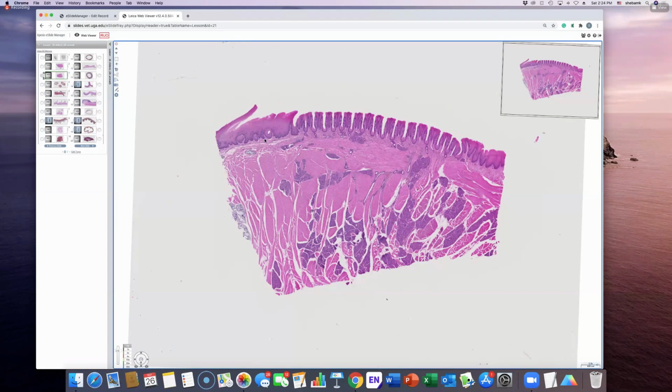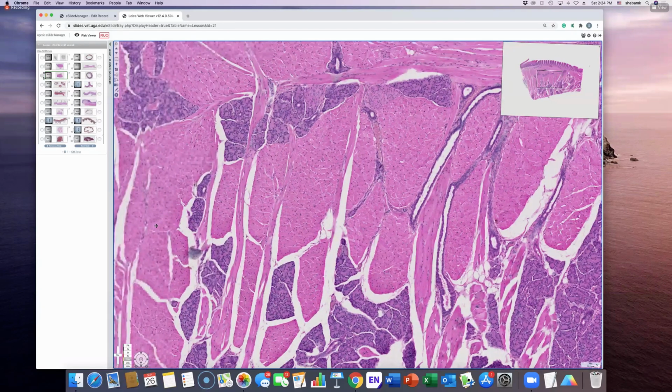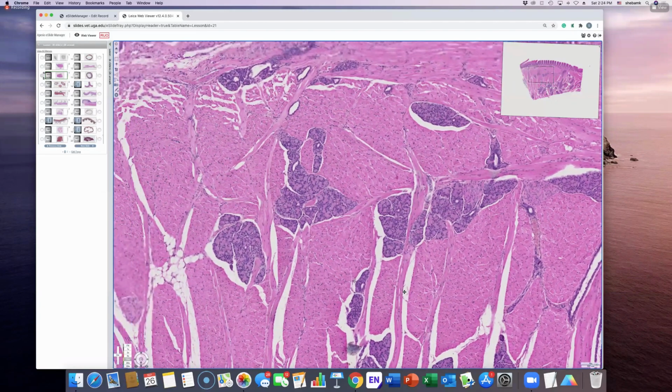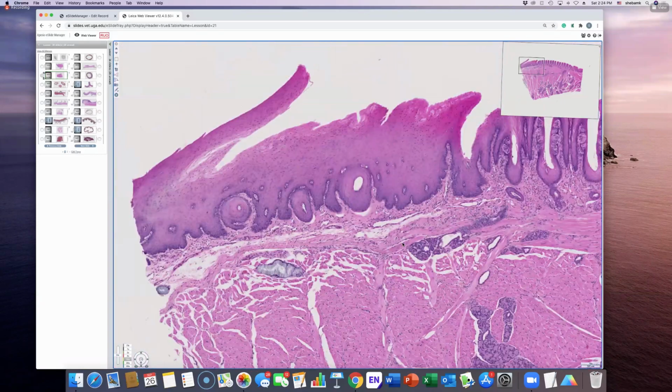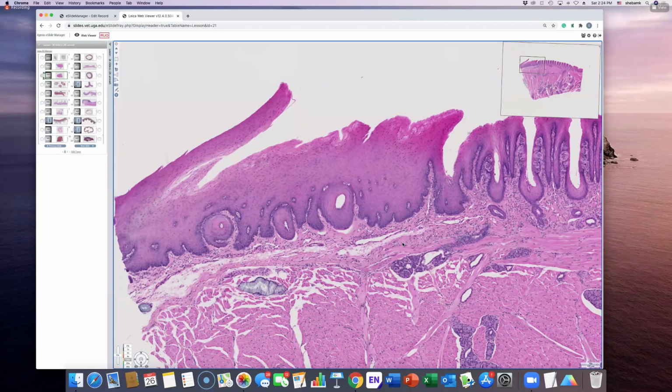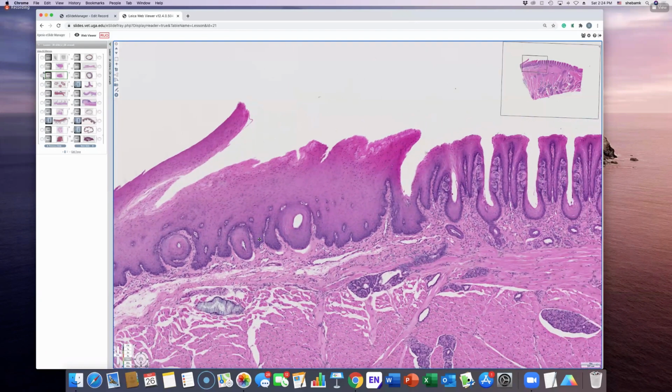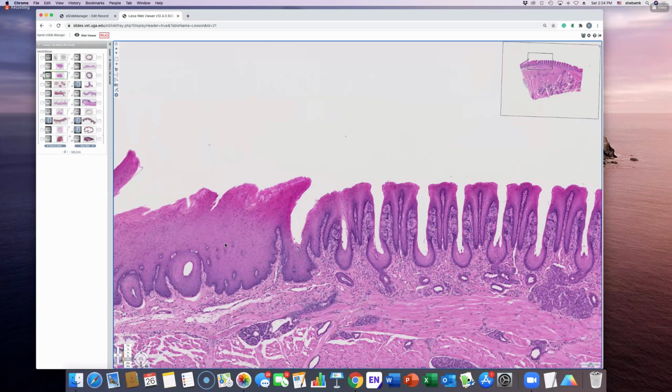So what kind of epithelium covers the tongue? What is this epithelium? Stratified squamous non-keratinized. Yes, but sometimes you can have keratinization, we'll see.